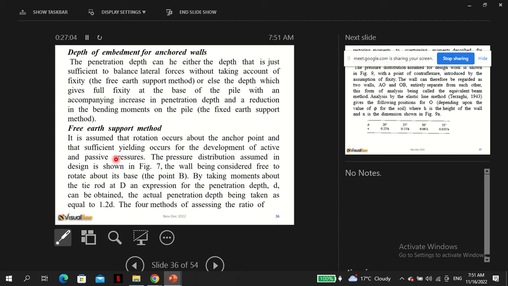The actual penetration depth is taken as equal to 1.2 D.